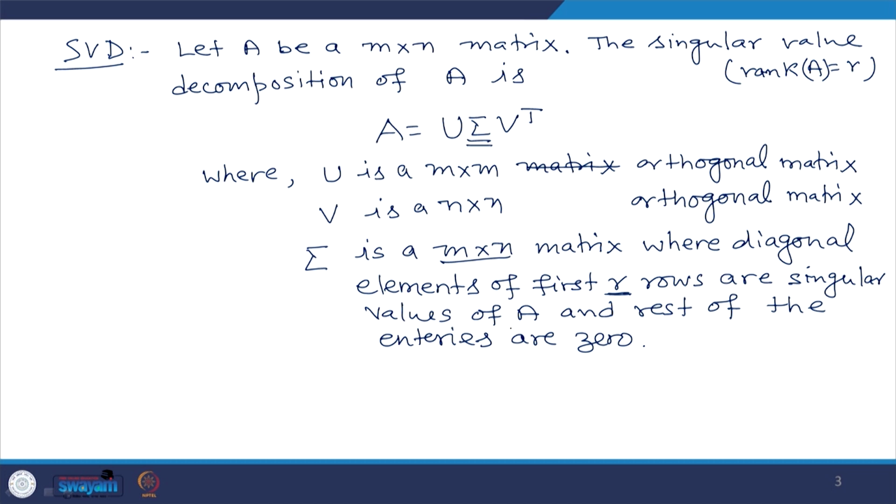Now it is an m by n matrix, so how are we talking about these diagonal elements? Let us see this concept in the next slide. Suppose A is an m by n matrix.